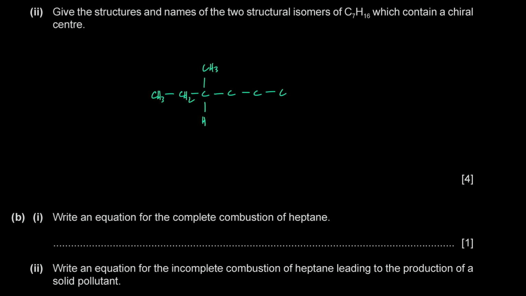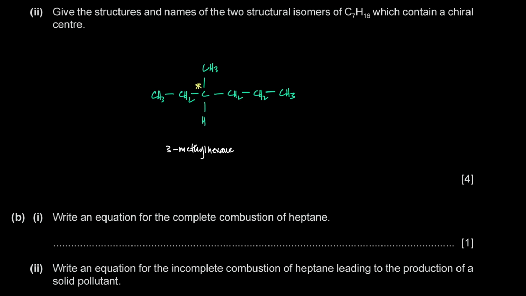And then I have a CH2, CH2, and then CH3. So now this carbon atom is a chiral center, bonded to methyl, ethyl, propyl, and a hydrogen. So over here we have a 6 carbon chain and a methyl group on carbon number 3. So this is 3-methylhexane.